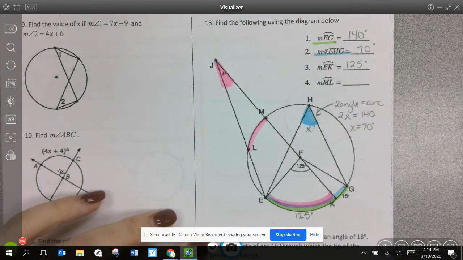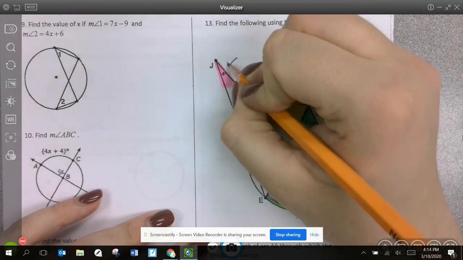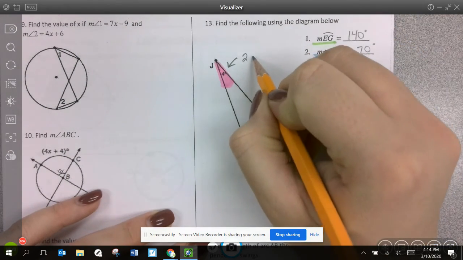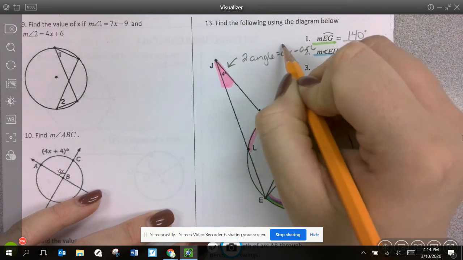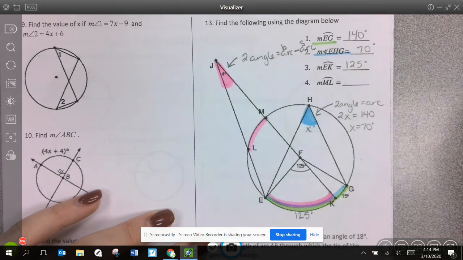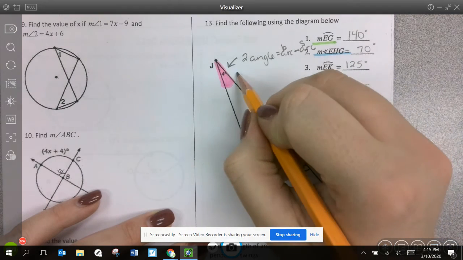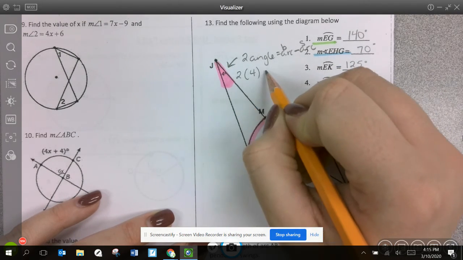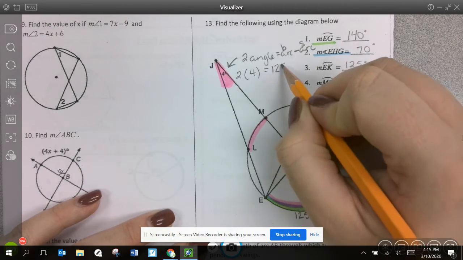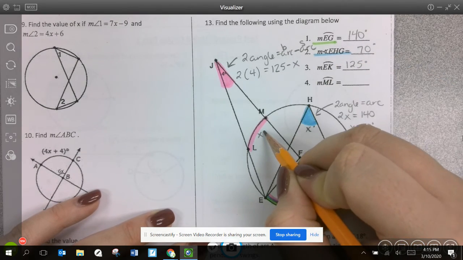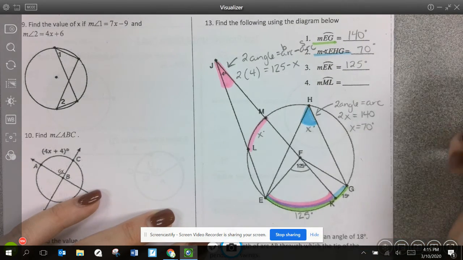Very popular arc right there. My formula for an exterior angle is 2 angle equals arc minus arc, the big arc minus the small arc. My angle is 4. My big arc is 125. And my small arc, I don't know, so I'm going to use an X.